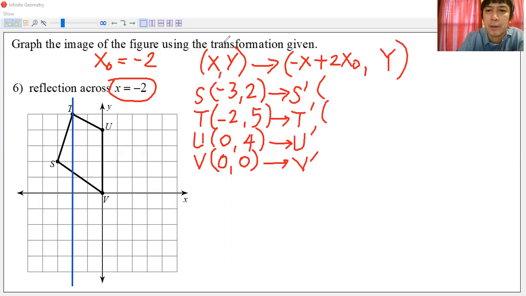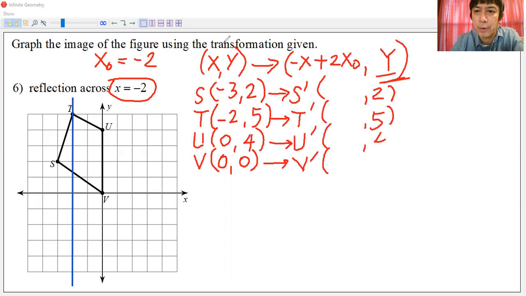We can write the Y values immediately, because this is just Y here. So that's the formula. Our Y must be 2, 5, and after the commas, 4, and of course 0.